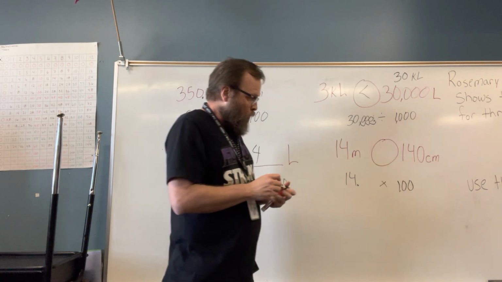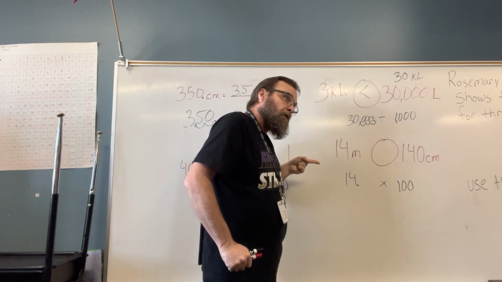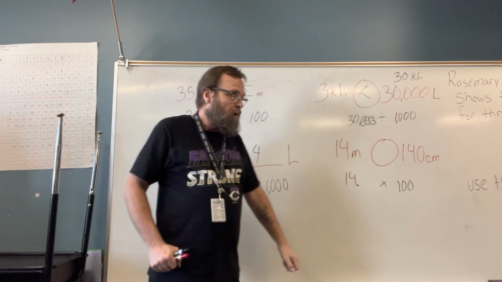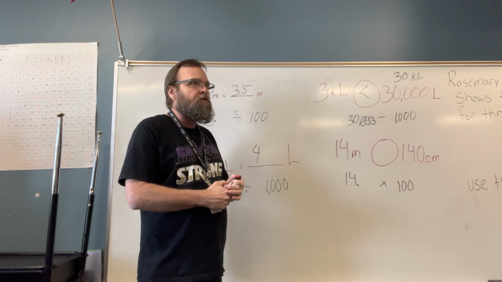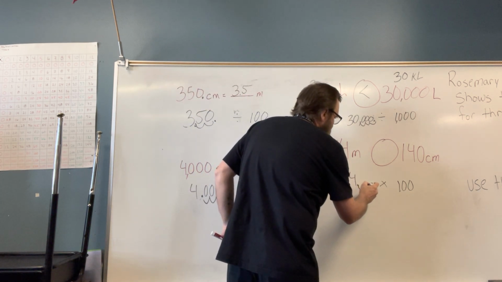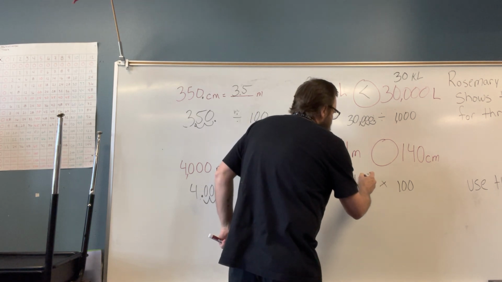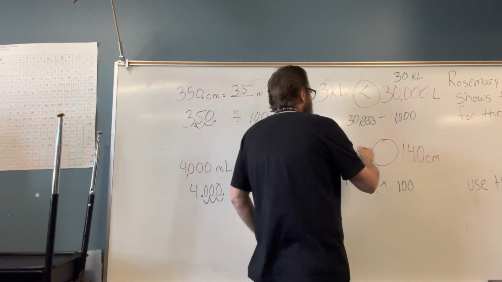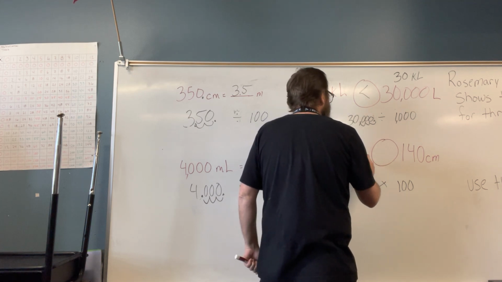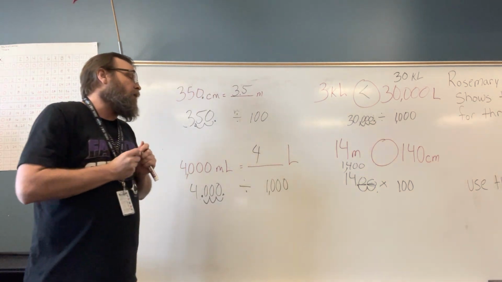And since we're multiplying by a number greater than 1, we have to move the decimal point to the right. How many times, Seth? 2 times. I have to move it once, so I have to have a number there. One more, I have to have a number there. So those are going to be zeros. So 14 meters equals 1,400 centimeters.